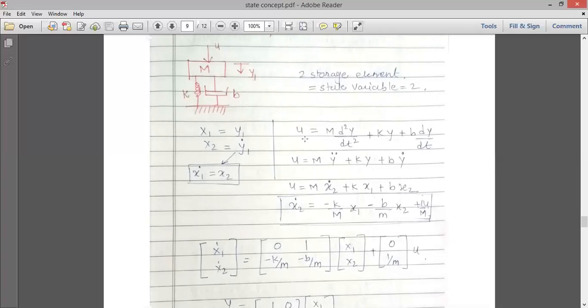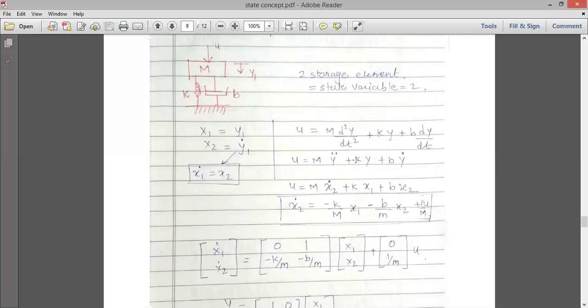So this is the equation: u is equal to m d square y upon dt square for the mass, that is acceleration, k times displacement for the spring, and for the damper it is velocity. Now we have to rearrange the equation. Here y is equal to y1, the displacement.